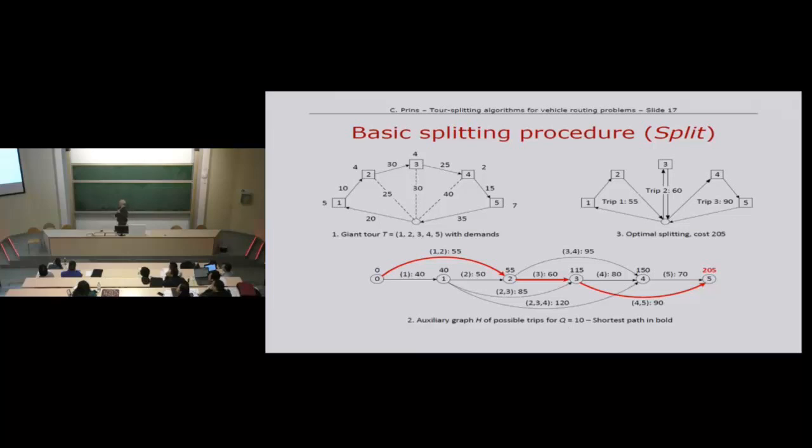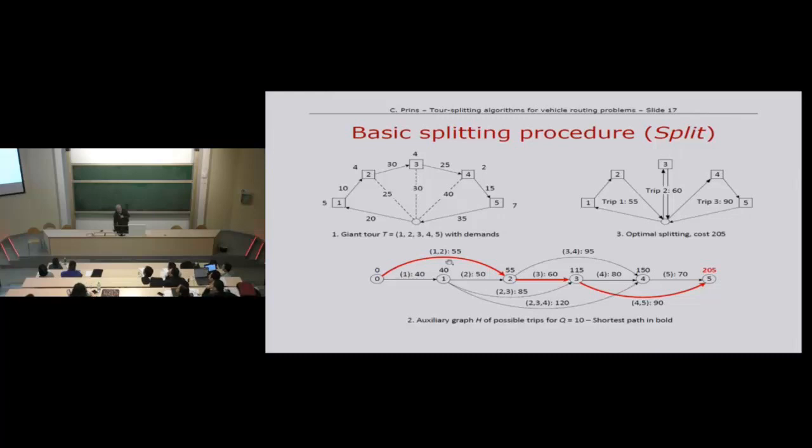And then once you have this auxiliary graph, you compute a shortest path from the first node to the last node. You can use Bellman's algorithm for an acyclic graph. The graph has no circuits by construction. And you obtain the shortest path in red, and the total cost is 205. So what does it mean?